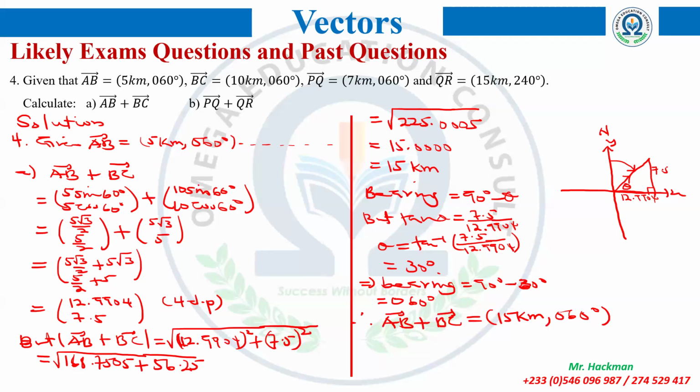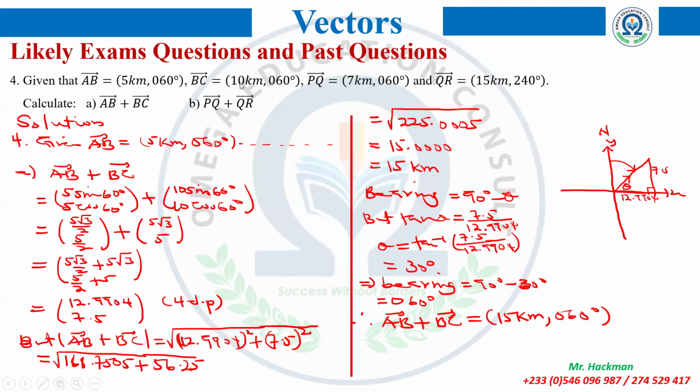This is the special situation where you can add vectors in their magnitude bearing form and get the answer straight away. Immediately you realize that you're adding two vectors in magnitude bearing form, your first point should be the bearing. If they have the same bearing, you thank God, your work will be very easy. They are friendly vectors.